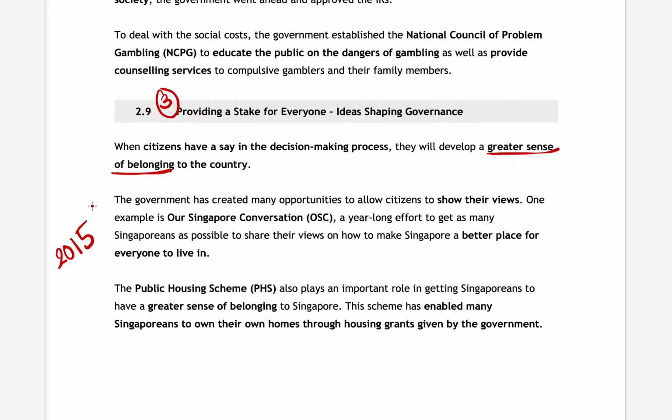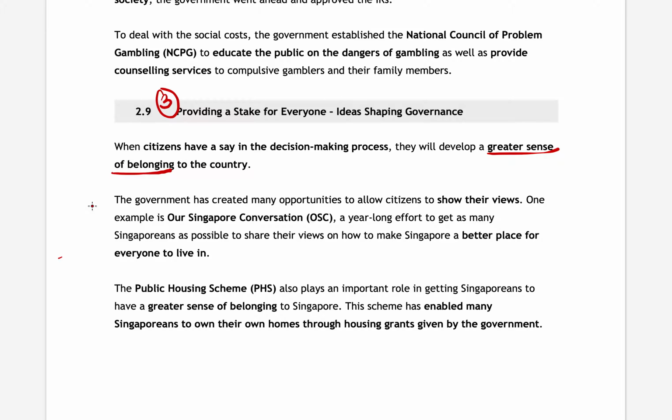So the government came out with these forums and suggestion boxes, and even using back then the social media technology to engage Singaporeans and to invite them to share their opinions on what they thought could be better done for the country.